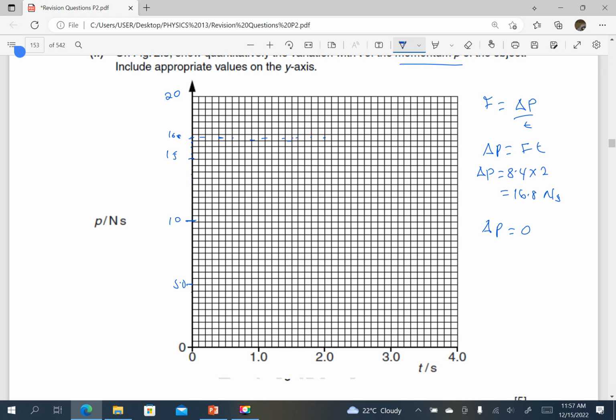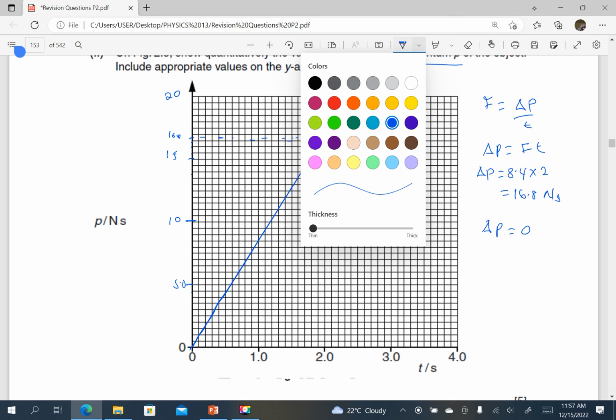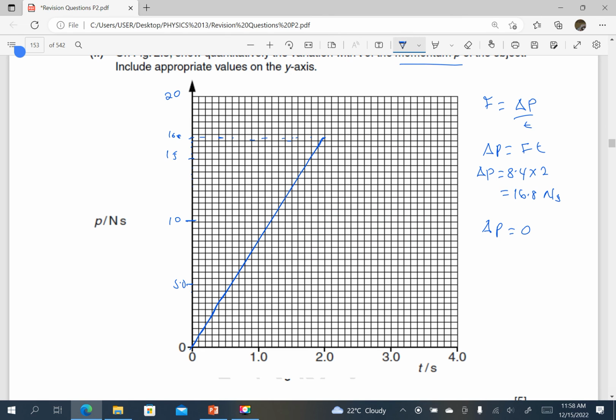So this is going to be a straight line from the origin. Remember, the gradient is the force. And if it is a straight line, the gradient is constant and not 0. So the force is constant there and not 0. Then after that, the force is 0. So after that, the gradient is going to be 0.